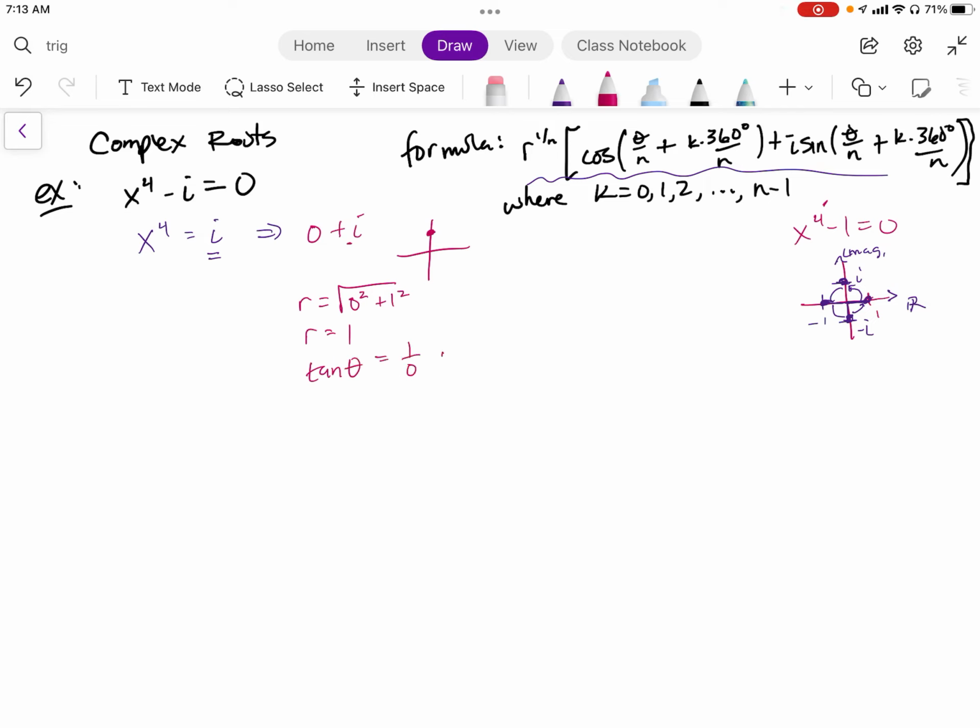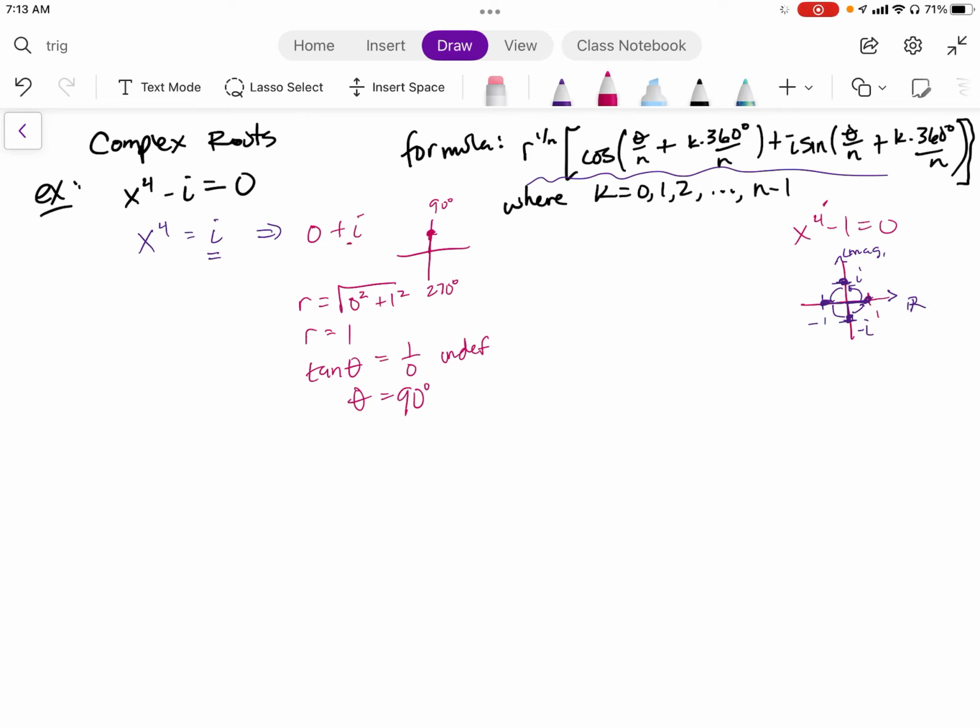So you have to think, where is it undefined? Remember on the unit circle, y over x is undefined where x is 0, so we would have either 90 degrees or 270 degrees. But because we moved up, I know that it's 90. Theta is 90.